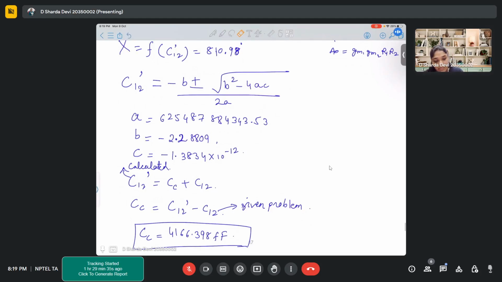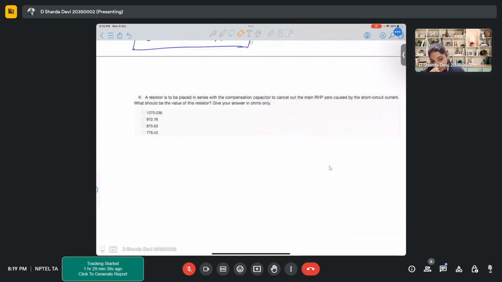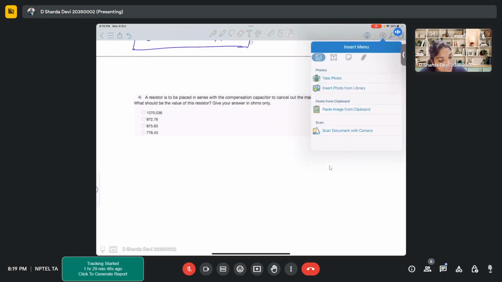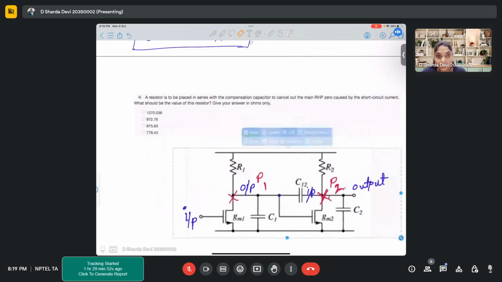Okay. So now another problem. In this problem, it is similar to the last problem, but there is one thing that you have to do. There we introduced a capacitor CC.